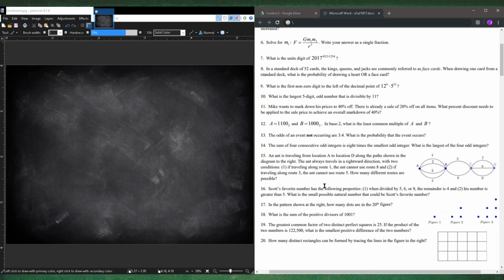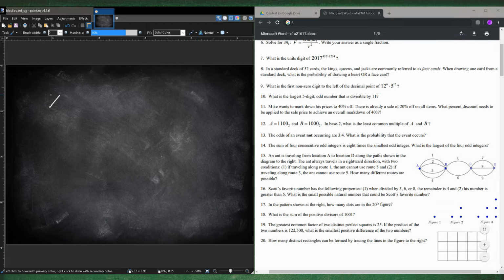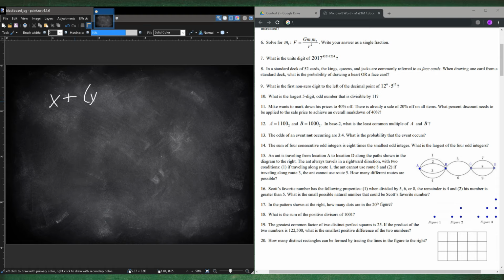Number 14. The sum of 4 consecutive odd integers is 8 times the smallest odd integer. What's the largest of the 4 odd integers? Let's say the smallest is x. Then the next odd is x plus 2, the next is x plus 4, and the next is x plus 6. This sum is equal to 8 times x.